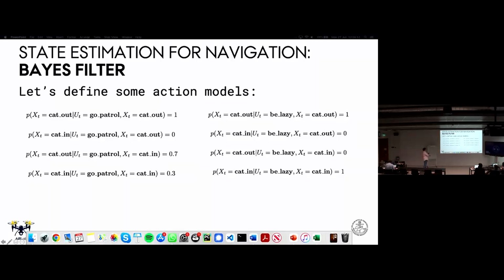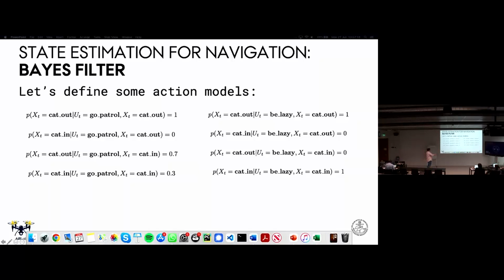If the cat just wants to be lazy, the state it's currently occupying is not going to change in any way, so there's not going to be a state transition if the cat decides to sit at home. If a cat is outside and wants to be lazy, he will stay outside. We can't really predict what cats want, but we can just assume that probability is one. And if the cat is inside and wants to be lazy, the cat is going to be inside.